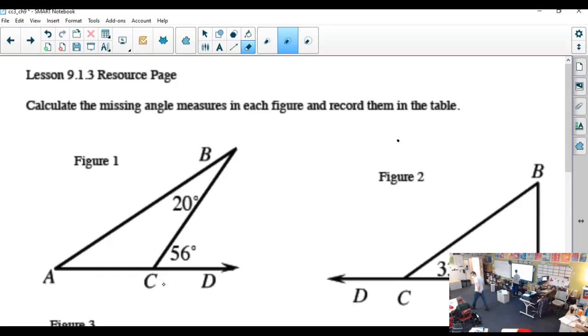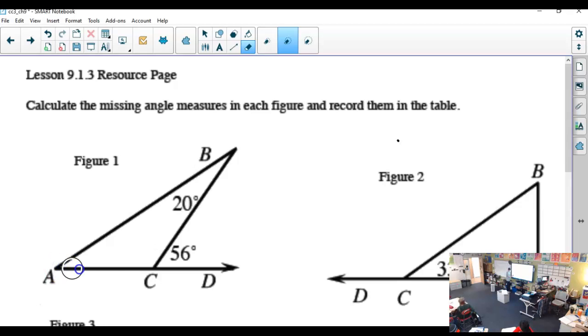Okay, so we know this one, which is BCD, that's 56 degrees. And this one, which is ABC, is 20 degrees. So, to figure out ACB, I'm sorry, Mr. Aiden. Yeah. Move. Thank you.